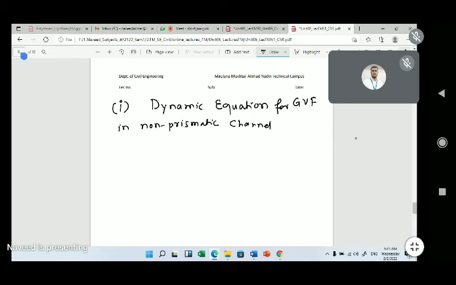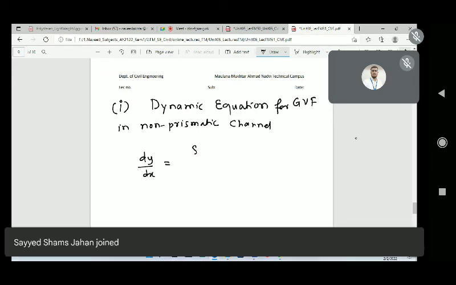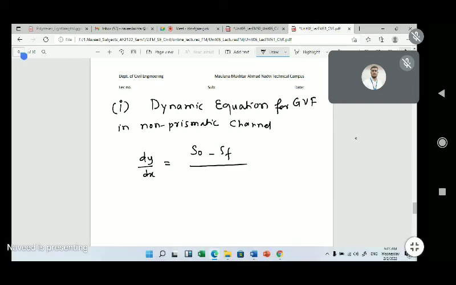It will be dy by dx is equal to S0 minus SF upon 1 minus Q square T upon g A cubed. This is the first equation.